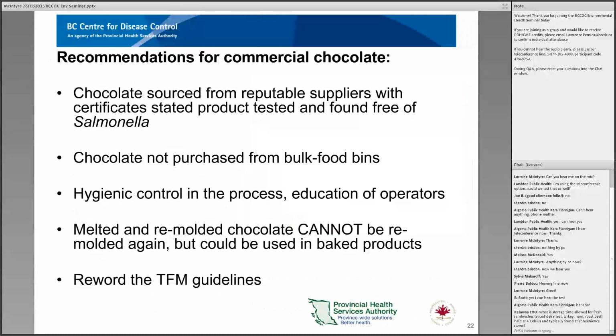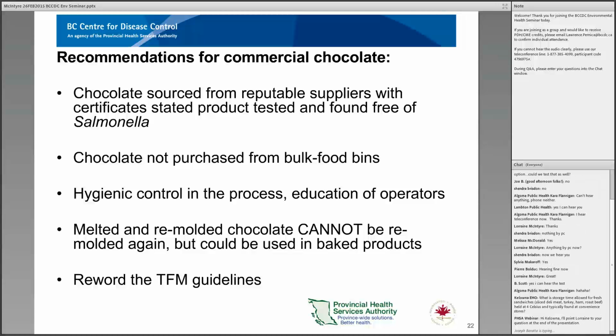Okay, so let's go to our recommendations. Again, we want to get the chocolate sourced from a reputable supplier that can provide one of those certificates of assurance. Make sure that people making these chocolates at home aren't buying the chocolate from bulk food bins. We often say this because we're never certain in the store who else has touched that bin or if there's other contaminants on the bin.